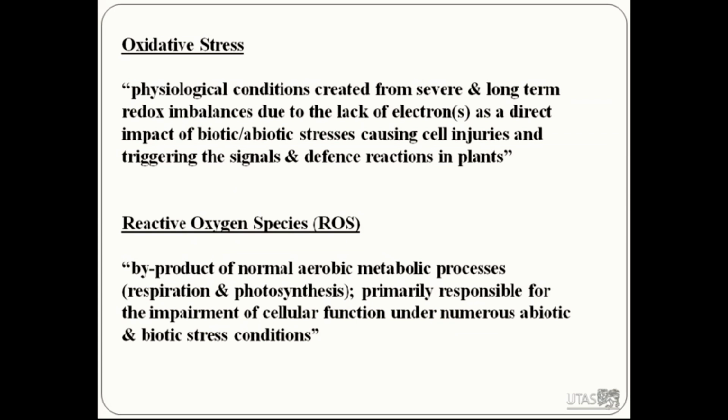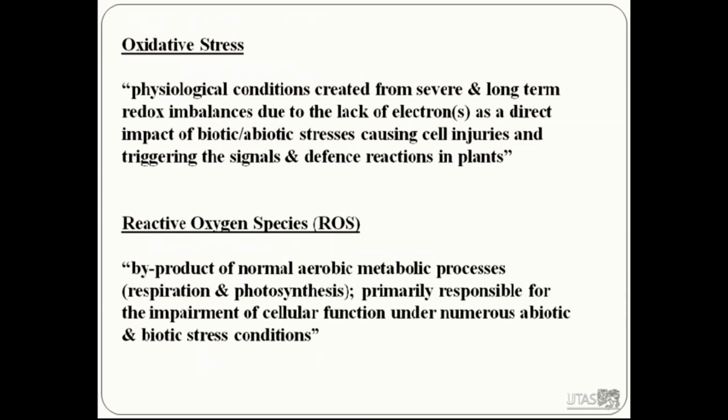And when the stress is combined with activation of oxygen, or shall I say overexcited oxygen due to the stress, we would have ROS, which are the byproducts of normal metabolic processes, which are respiration and photosynthesis, primarily responsible for the impairment of cellular function under numerous stress conditions.